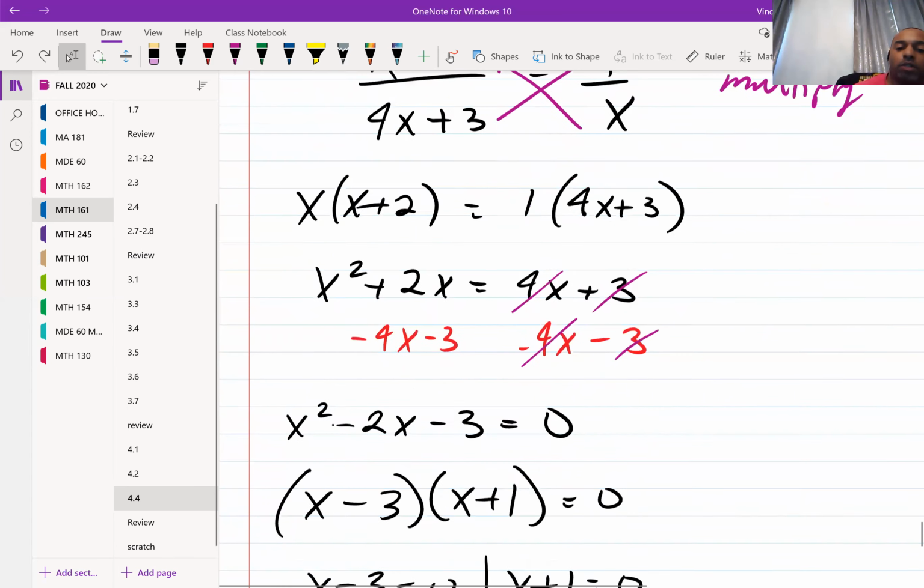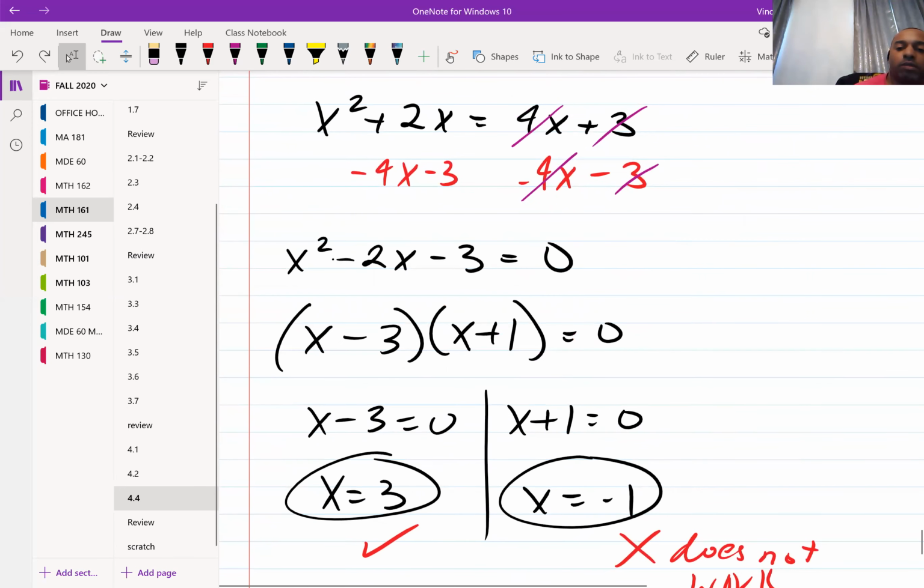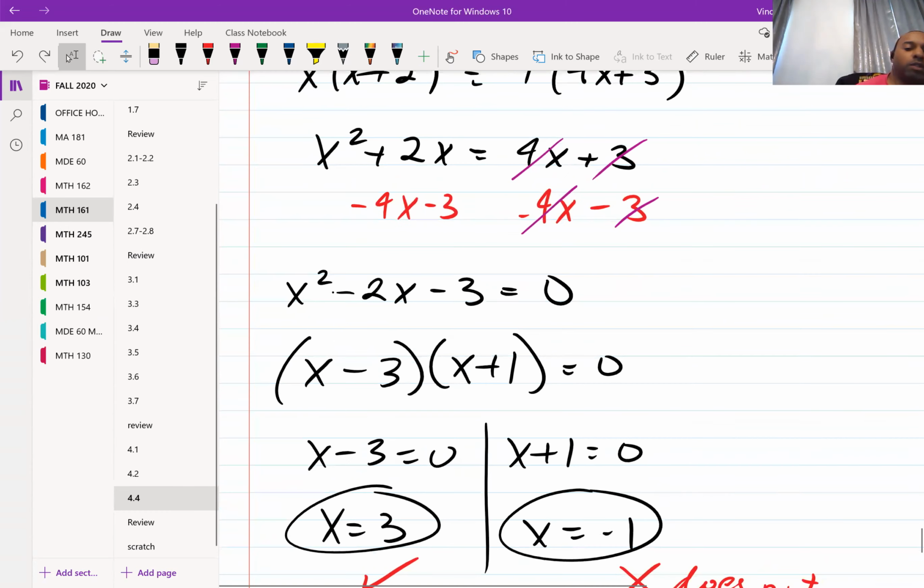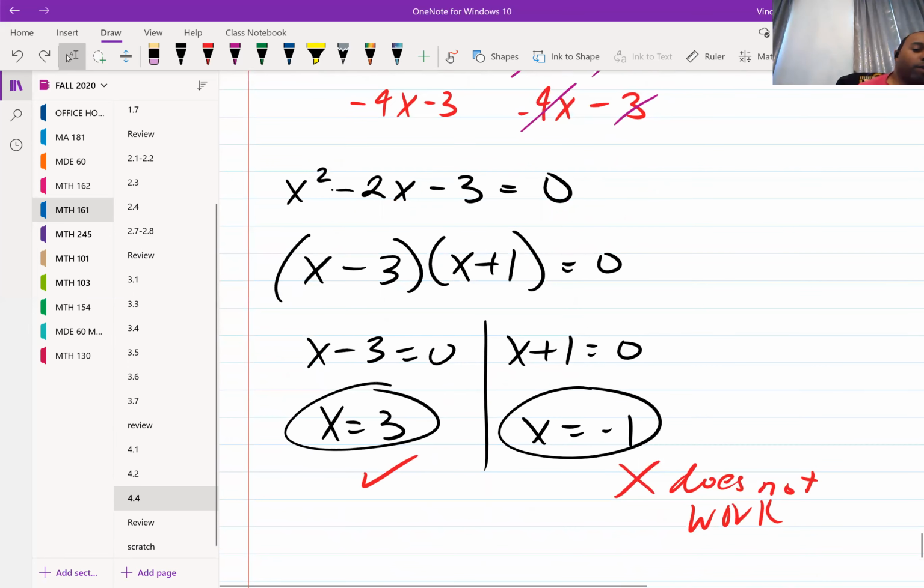All right, go ahead and solve the quadratic equation. You get the solutions x equal to 3 and x equal to negative 1. And just like before, plug them in, and you will find out that x equal to 3 works.